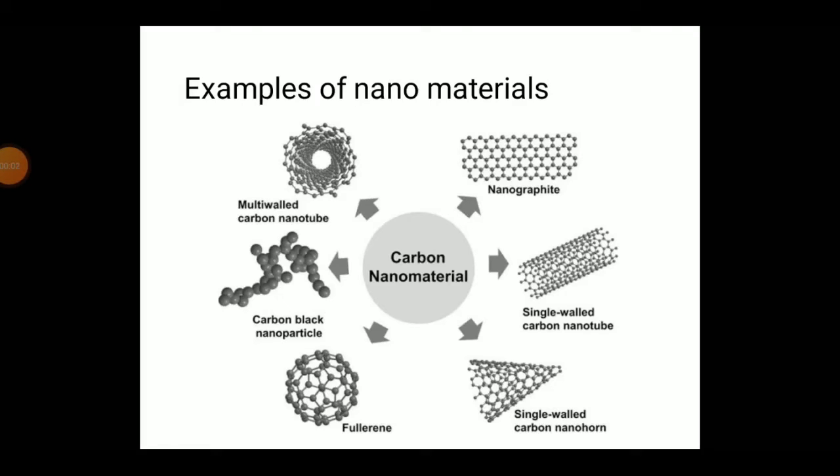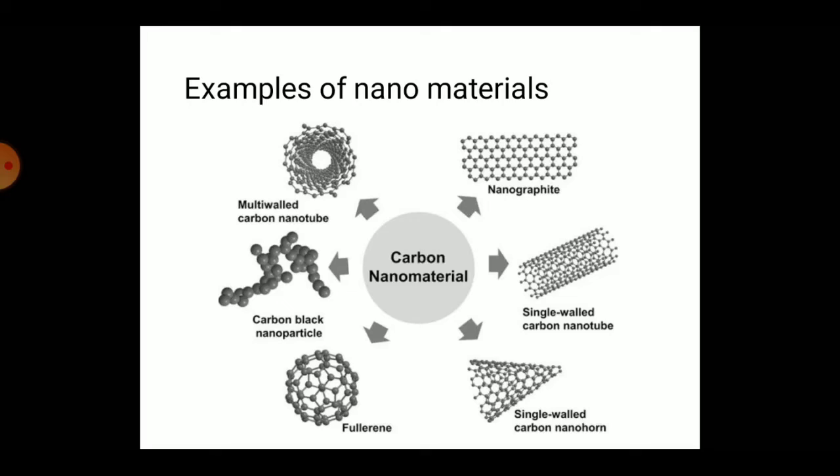So next we'll look into the examples of nanomaterials. So there are three types in them. So nanocrystals and clusters, which is having a diameter of 1 to 10 nanometers. Nanowires, which is having a diameter of 1 to 100 nanometers. Nanotubes, which is having a diameter of 1 to 100 nanometers. So based on their size, they are classified into different types. Okay.